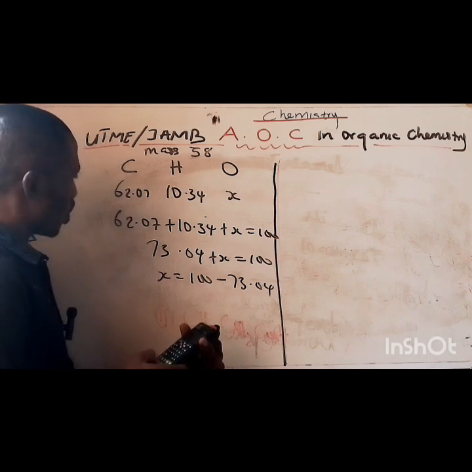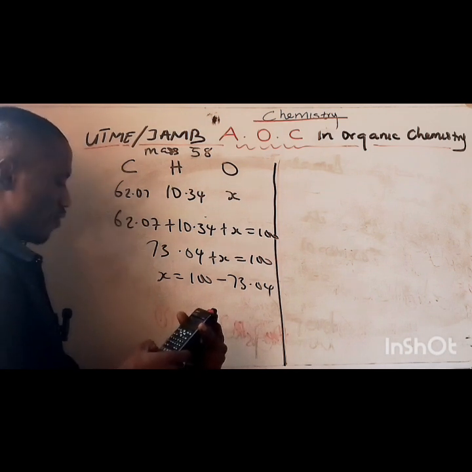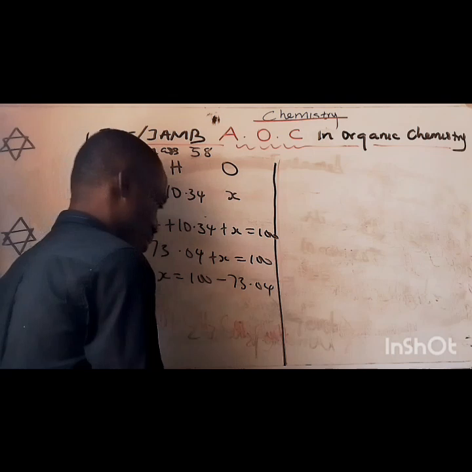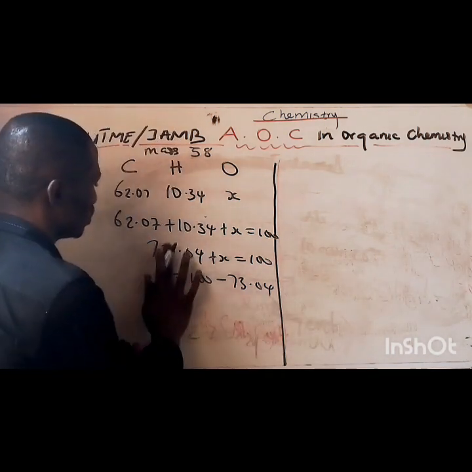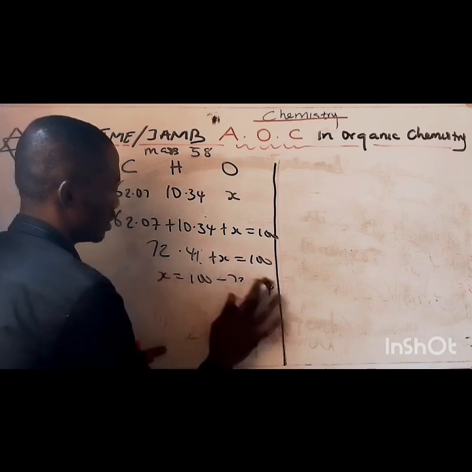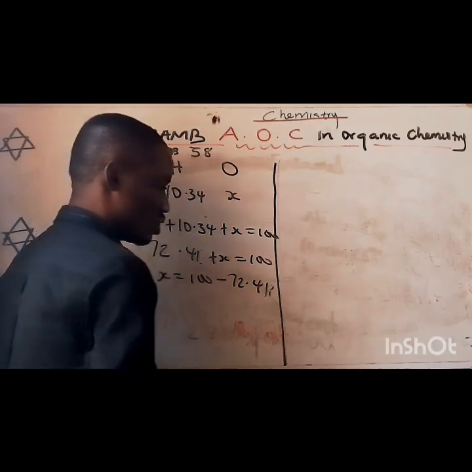62.07 plus 10.34. That's 72. Okay, I made a mistake here. 72.41. So 100 minus 72.41.